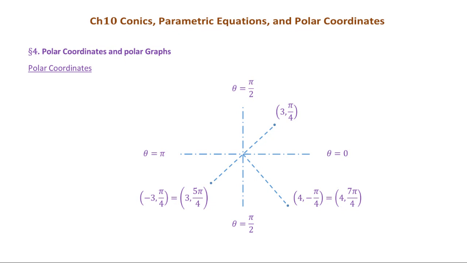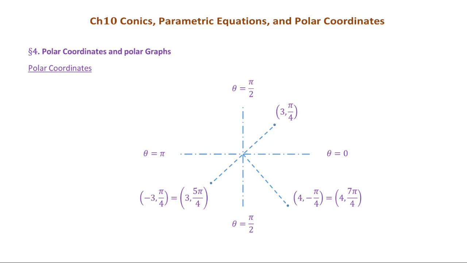Let's look at some special points on the plane. The point (3, pi over 4). Now you should consider the polar coordinates instead of the rectangular coordinates. So 3 is the distance between the point and the pole, and pi over 4 is the angle you rotate, starting from the polar axis, to the point.